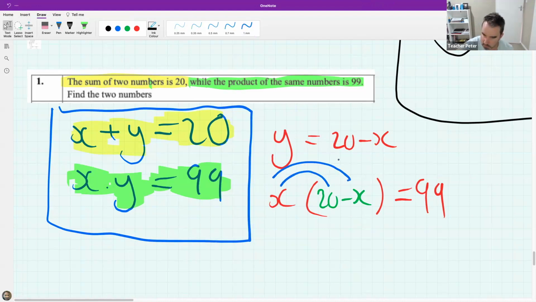Okay, I've given you enough help. Give me my roots for this. Give me the values of x that you think it's going to end up being.